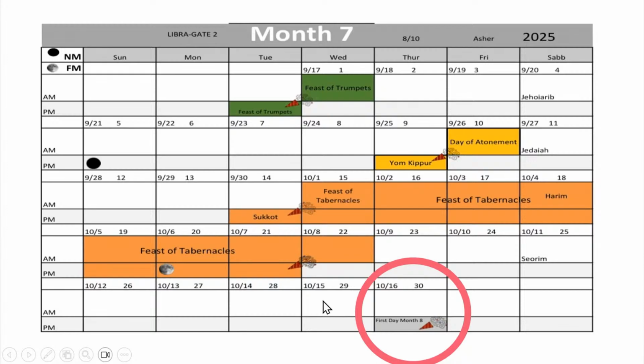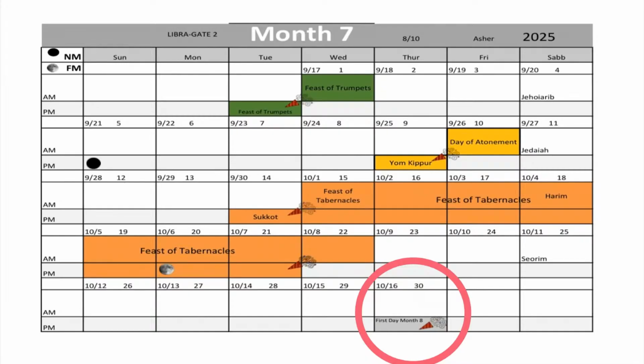So we already identified that the 21st of October is outside the parameters for the 7th month. Okay, so they are outside the parameters. The Father has this clock and his patterns in the sky for a reason, and this helps us to find the bookends that we need to determine our 7th month.